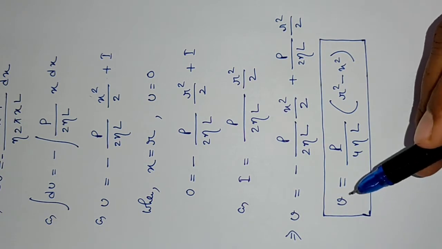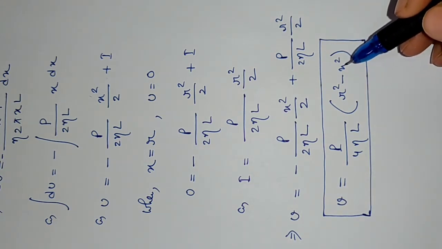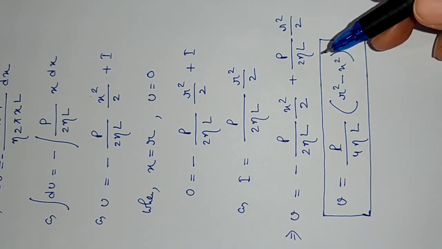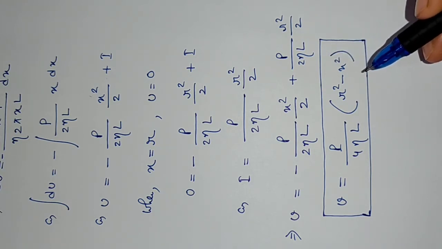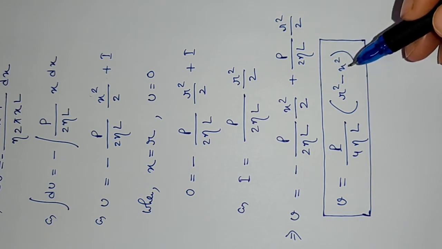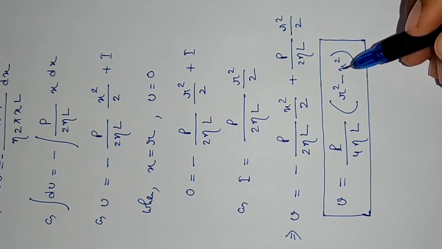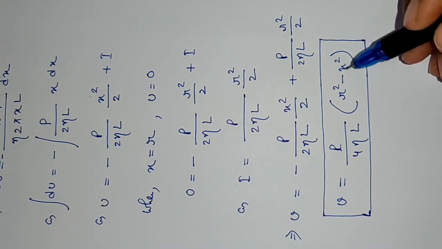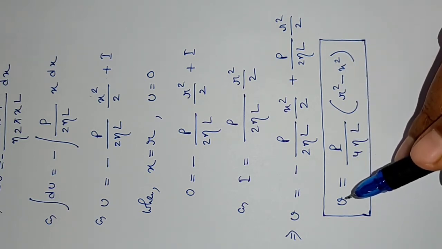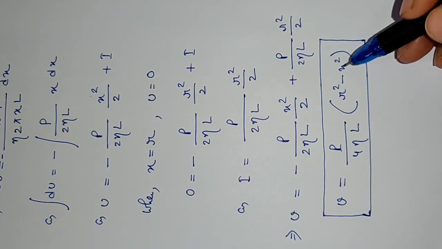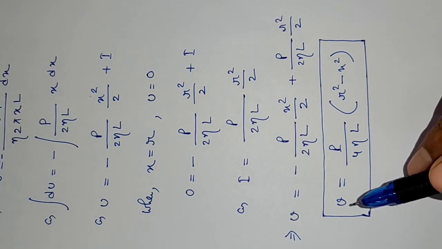Now the velocity of the liquid will depend on the position from the center. The more we approach towards the center, velocity will increase, and the more we approach towards the end, velocity will decrease. That is guaranteed by the position of x square here. Towards the center, the value of x will be less, so less will be subtracted, so there will be an increase in velocity, and at the end it will be r square minus r square equal to 0, so velocity will be 0.